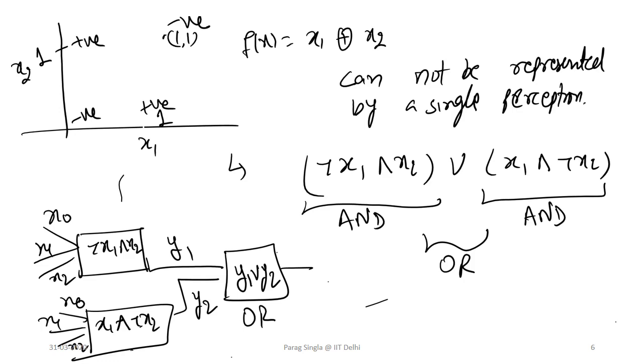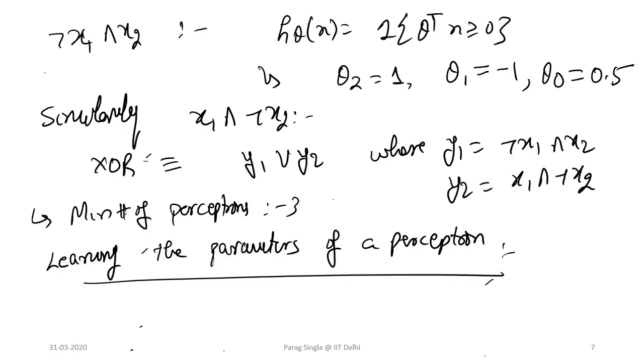And I'll just give you one of these functions. I guess I moved on to the next slide, but that's okay. I'll give you just one of these functions, which is, let's say, not of x1 and x2.